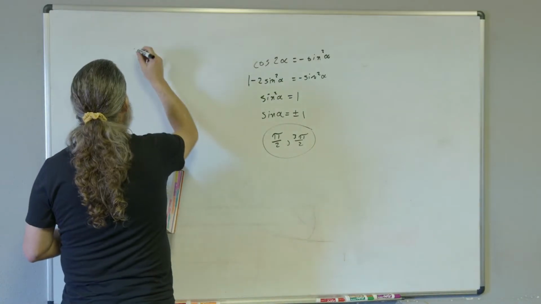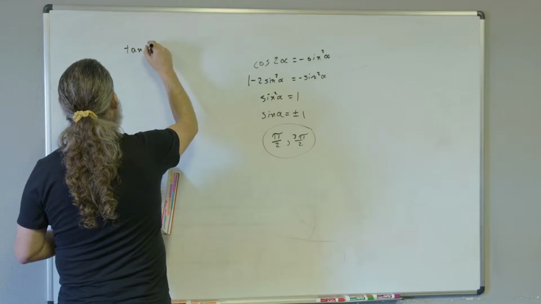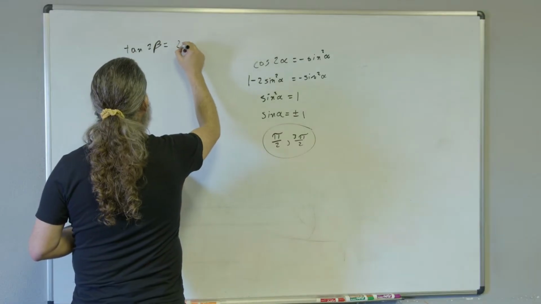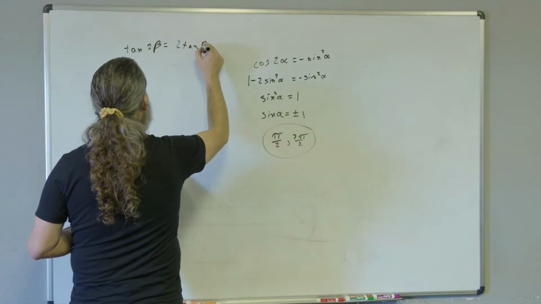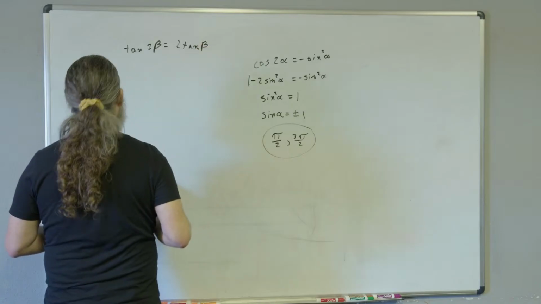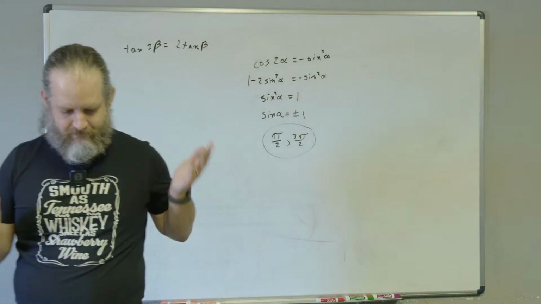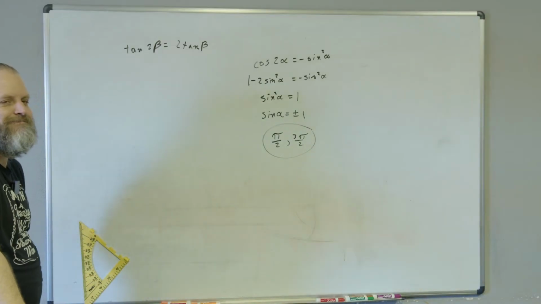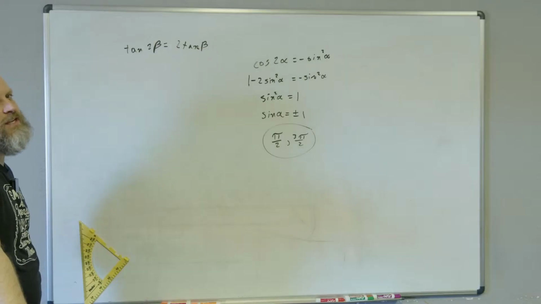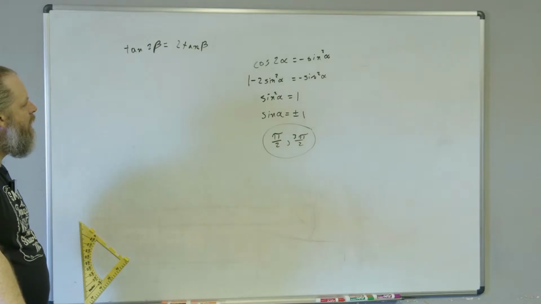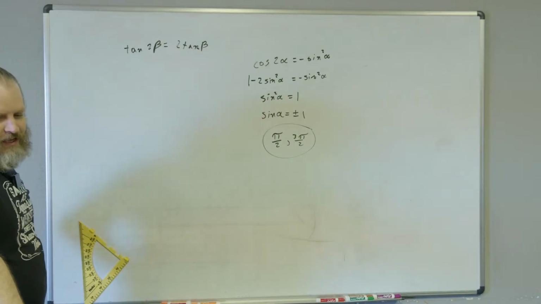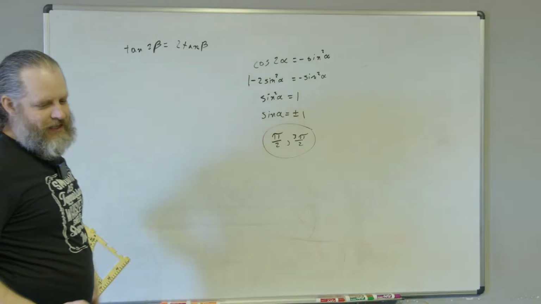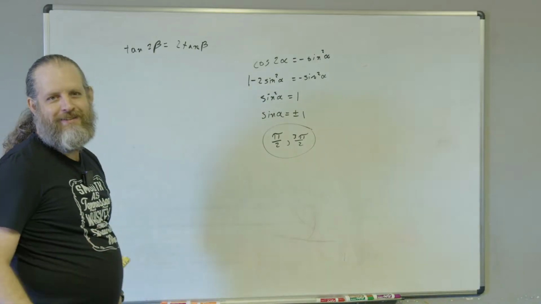The tangent of 2 beta equals 2 tangent beta. No, it's not a logarithm, that would be an exponent. That sounds like a good idea. So let's turn this one into what?